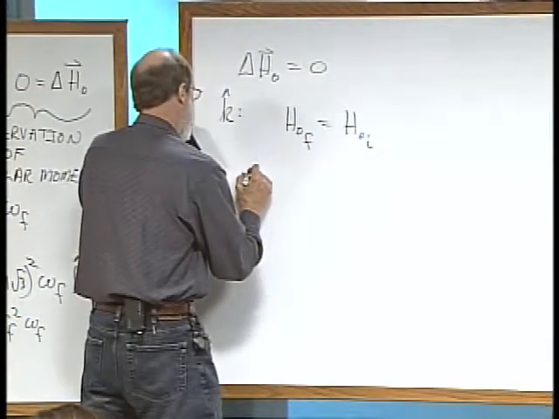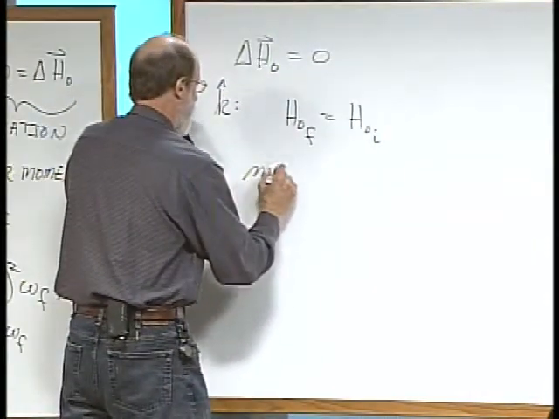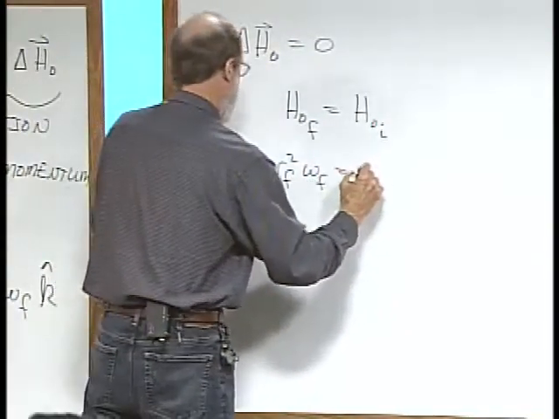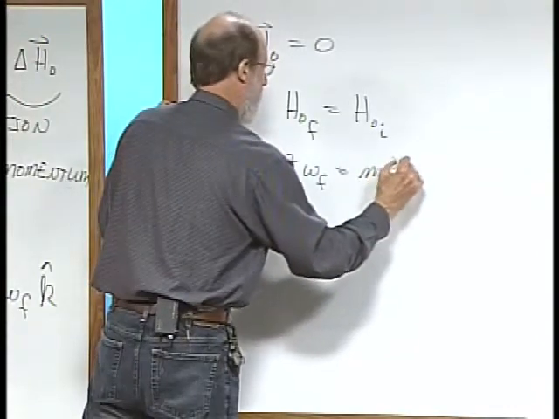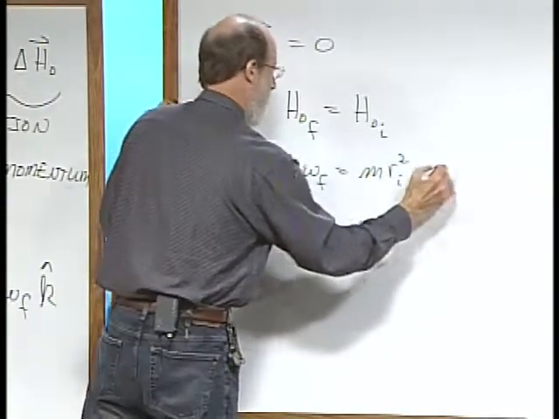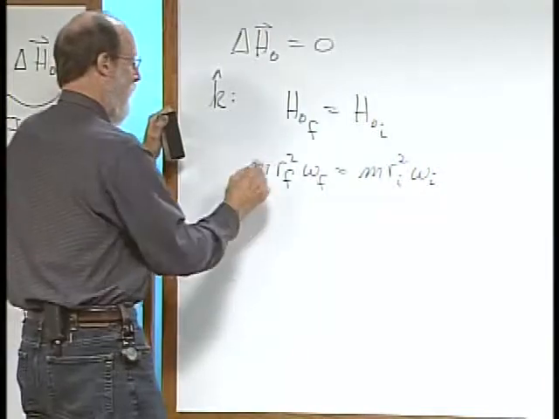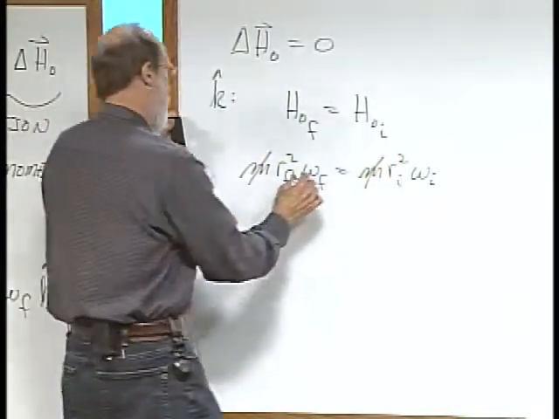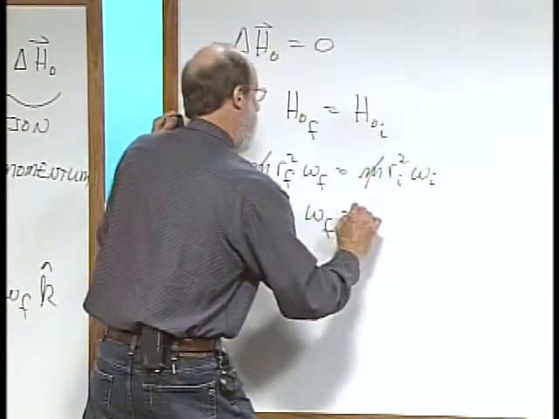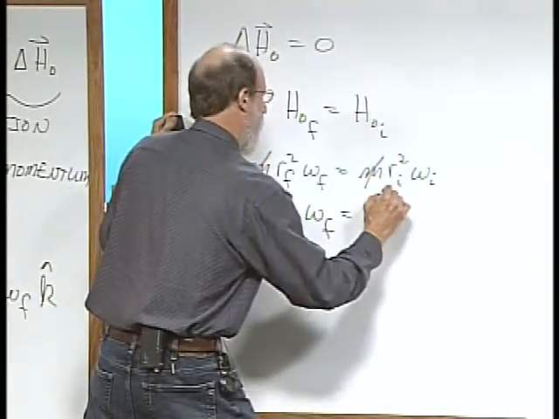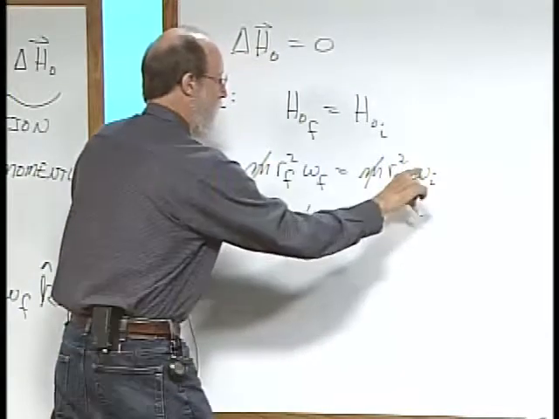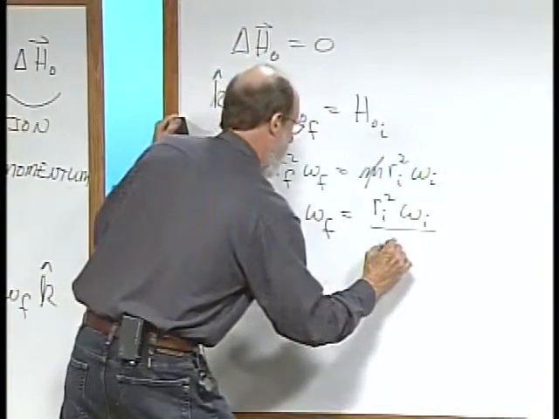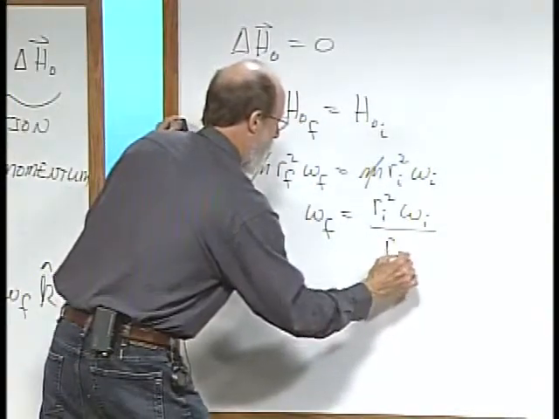So our m r final squared omega final must equal m r initial squared omega initial. And the masses divide out since there's no change in the mass in the system. And so the final omega is directly proportional to the square of the initial radius times the initial angular velocity, divided by, or inversely proportional then to, the square of the final radius.